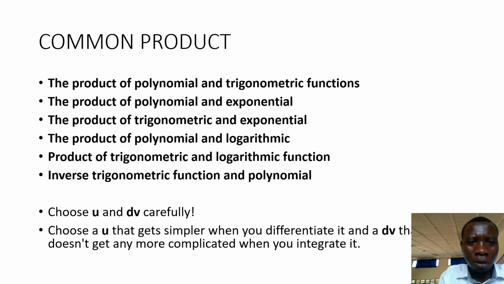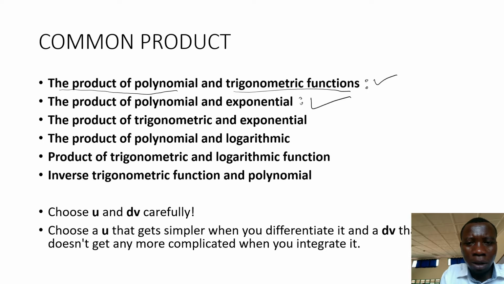First of all, we have to discuss the common products that we will meet when dealing with integration by parts. We will have the product of a polynomial and a trigonometric function. Always under integration by parts, you will have the product of two functions. A polynomial can be multiplied by a trigonometric function, or by an exponential function.